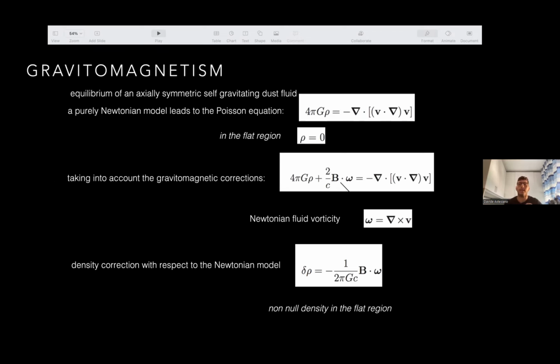You see that in the Newtonian model we have the first equation, but if you add the gravitomagnetic correction, you have another term that is the scalar product between the vorticity and the gravitomagnetic field of the galaxy or whatever you're trying to describe. It's like a coupling between them.